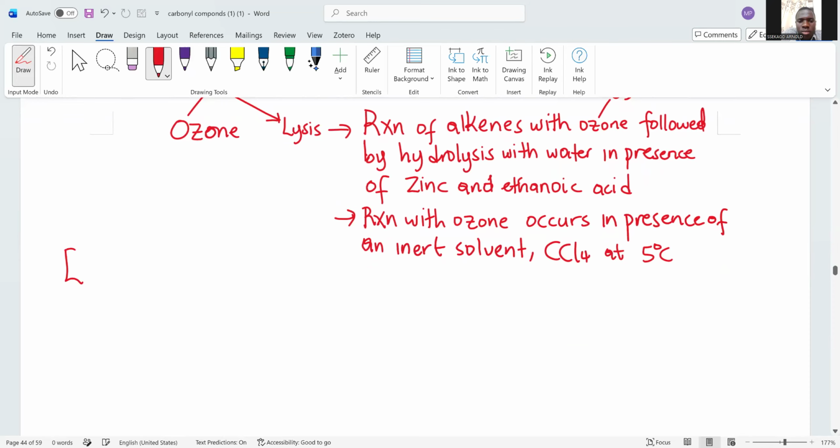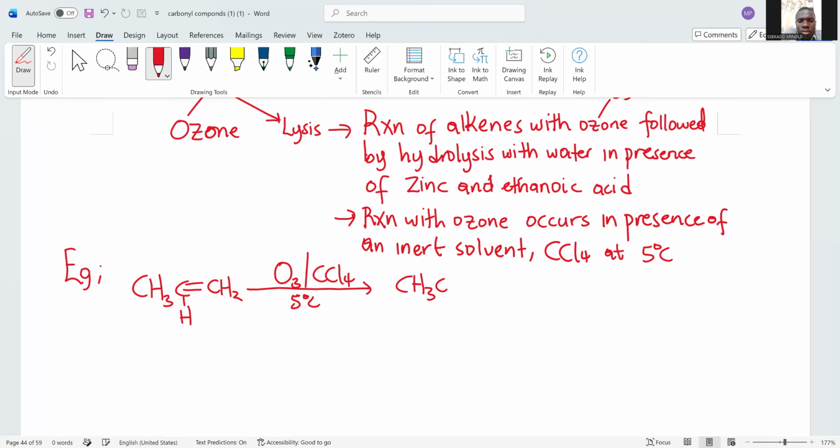For example, if I have CH3CH=CH2, propene, reacting with ozone in the presence of tetrachloromethane at 5 degrees Celsius. It is an addition reaction. Alkenes undergo addition reactions, so ozone is added to the double bond so that we get CH3CH, three atoms of oxygen, CH2.